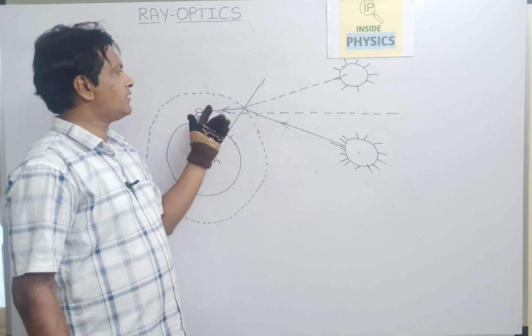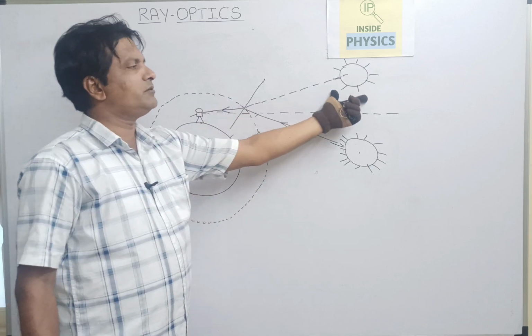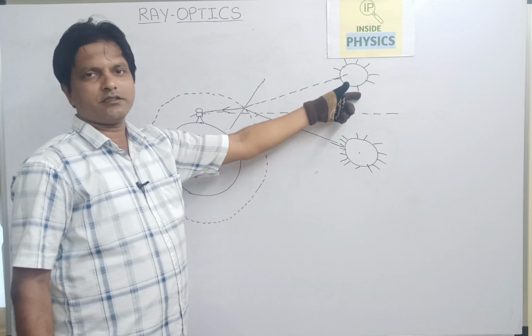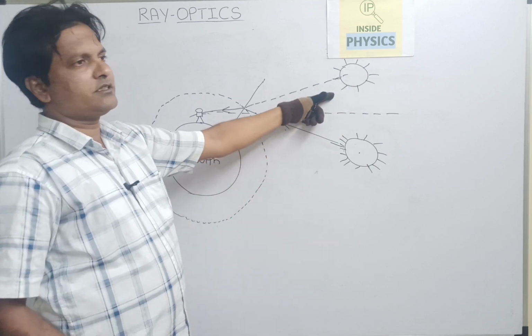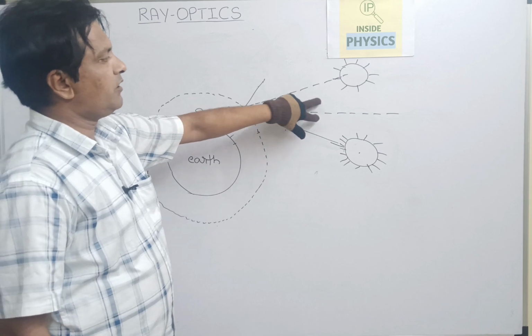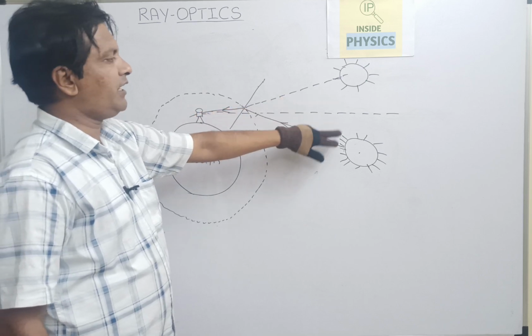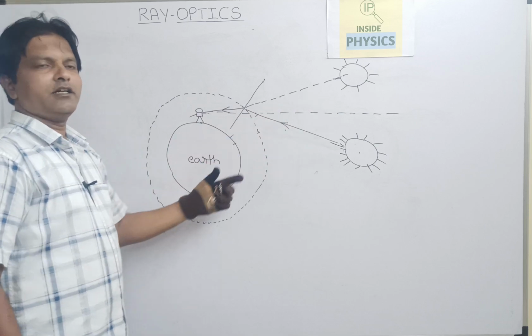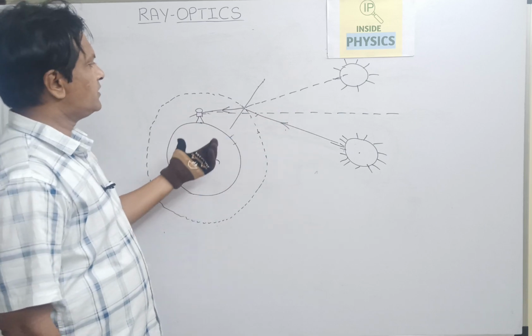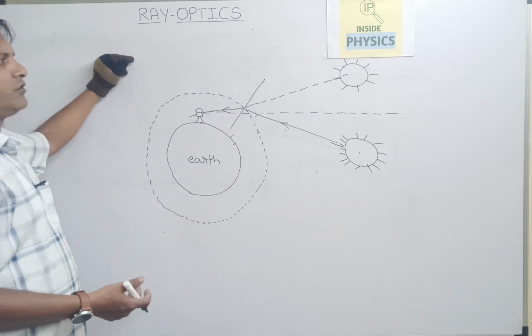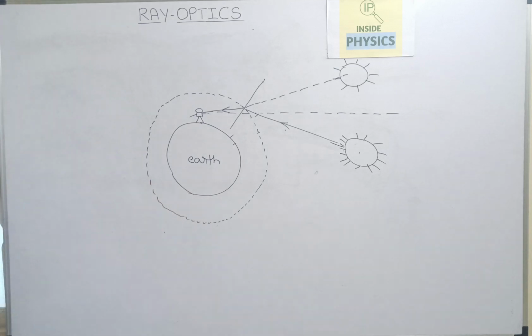Due to this refraction and bending of light, the sun appears to be still above the horizon, still about to set. So the observed sunset is after the actual sunset, and the observed sunrise is before the actual sunrise. The time lapse, as I told, is 2 minutes, and in degrees it is around 0.1 degrees.